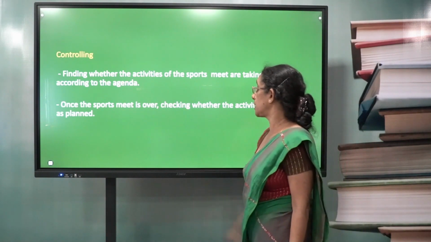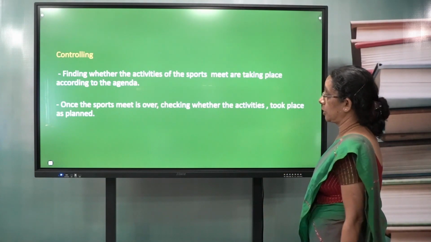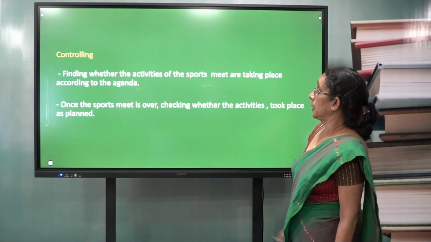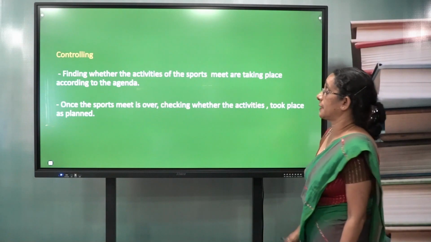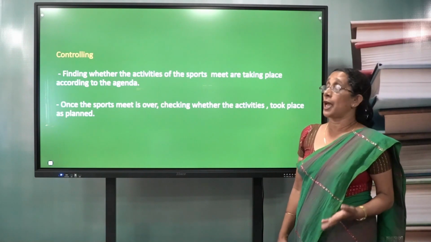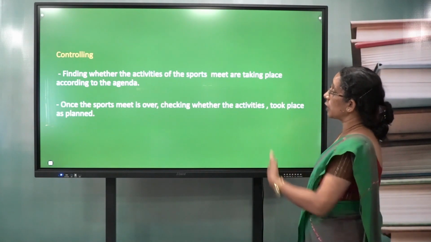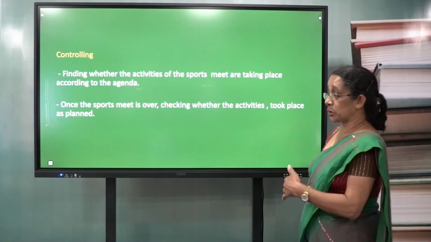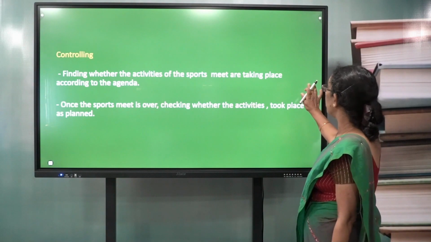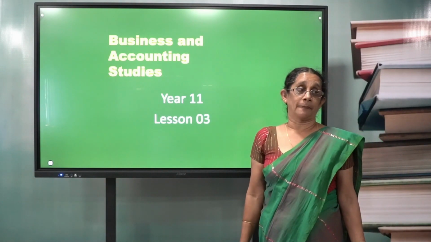Once the sports meet is over, you can check whether the activities took place as planned, so that you can plan the next sports meet. This is control. Now in this lesson you have learned about management and functions of management, and we discussed the functions again with an example. This is the end of the lesson, management.